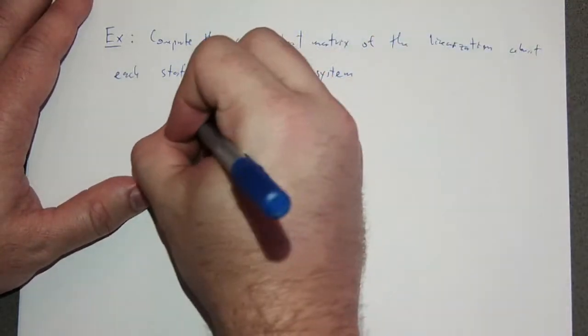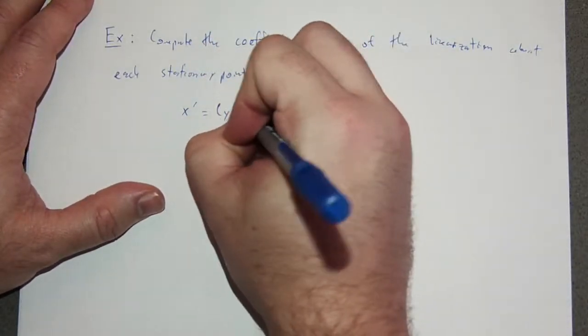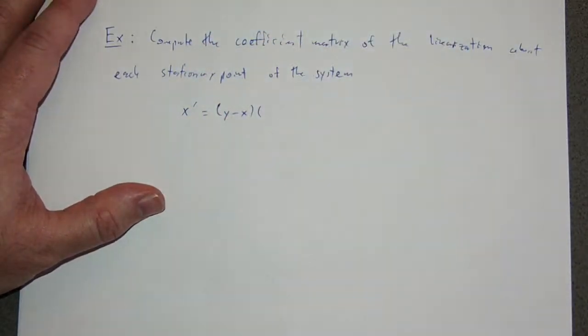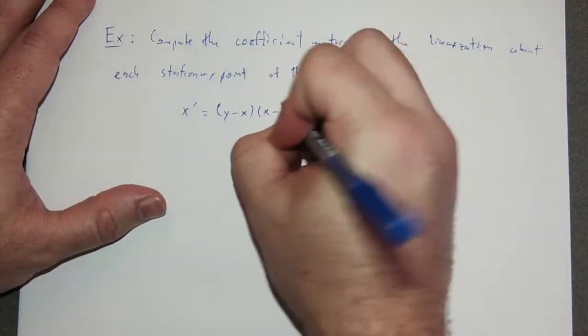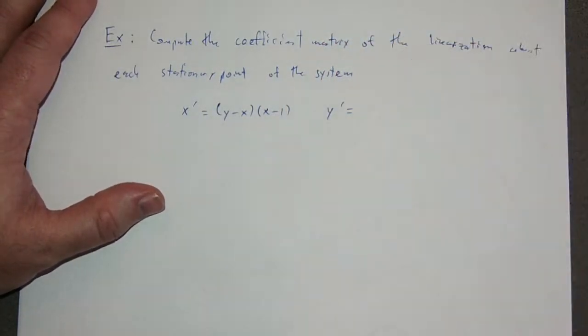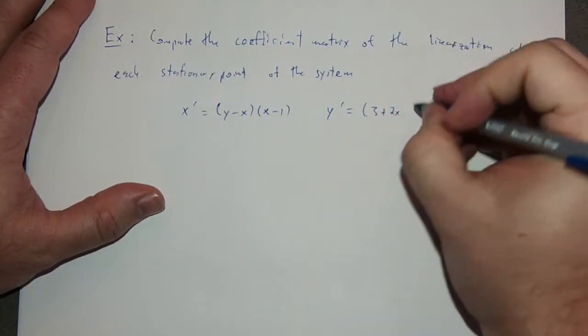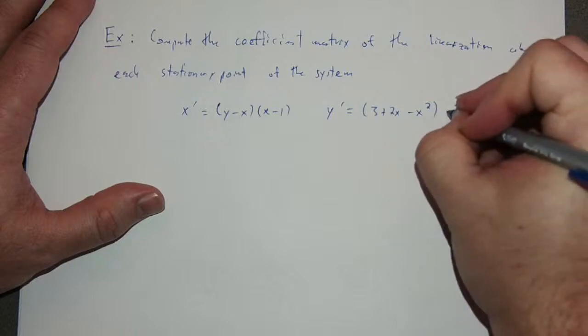x prime is equal to y minus x times x minus 1, and y prime is equal to 3 plus 2x minus x squared times y.